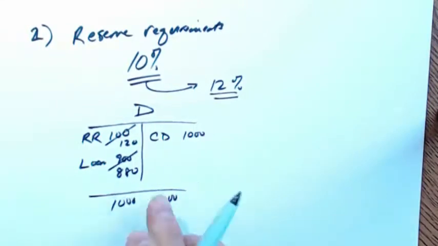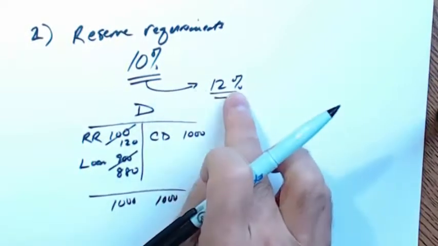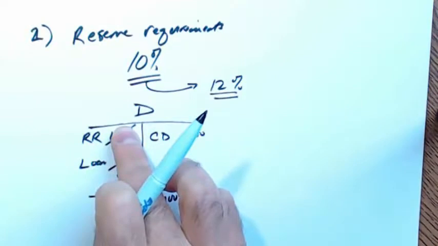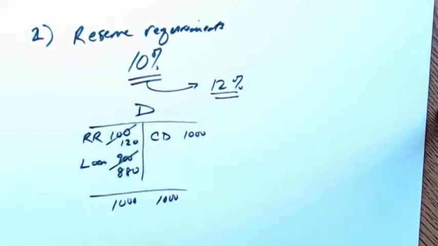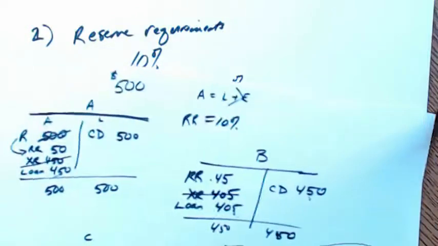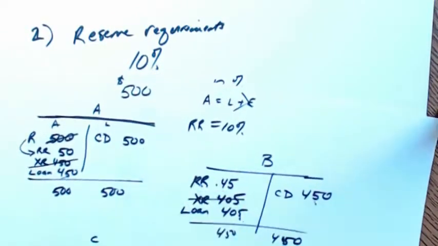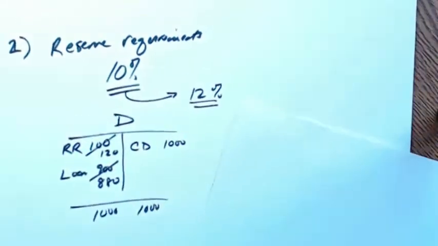And so when the Fed increases the reserve requirement, which forces the banks to hold more money, it basically works in the opposite direction from what we just showed with the deposit of $500 from money that came out of the backyard, so to speak. Now notice what happens to the money multiplier.